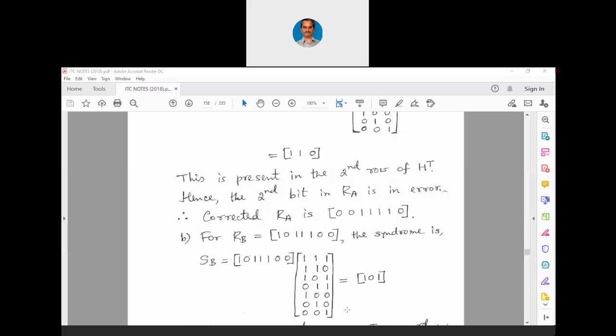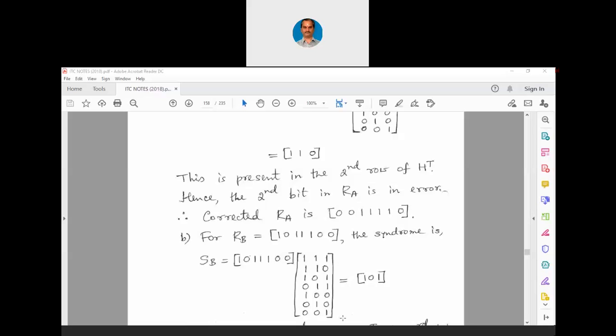You can see 0, 0, 0 is not there. 0, 0, 1 is there. Then 0, 1, 0 is there. 0, 1, 1 is there. Then 1, 0, 0 is there. 1, 0, 1 is there. 1, 1, 0 is there. 1, 1, 1 is there. Only thing is 0, 0, 0 is not there in the H transpose.